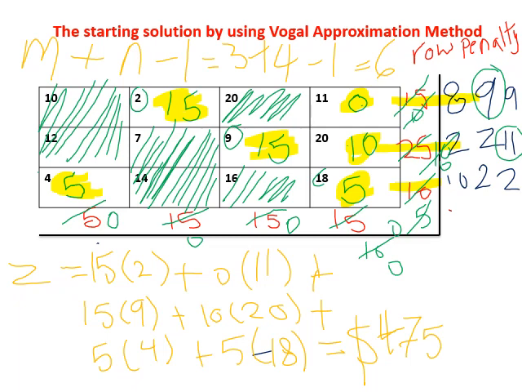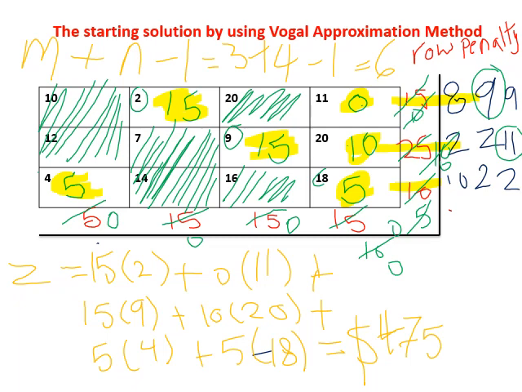So the Vogel approximation method enables us to get the final solution faster than any method, because it goes directly to the final solution, since it has already minimized the cost in the starting solution.